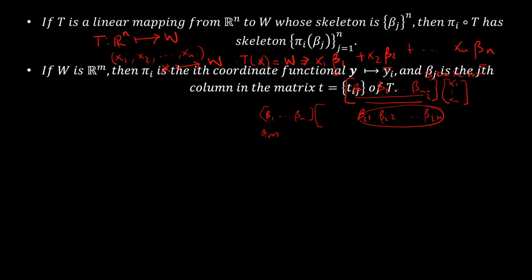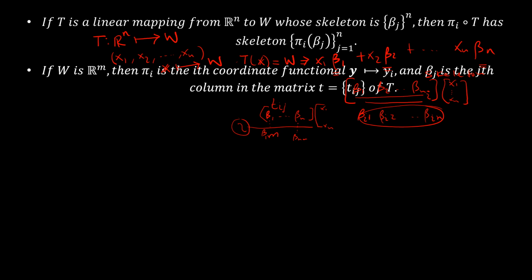Beta 1m all the way up to beta nm, and here we have x1 all the way to xn, right? And the term here will be, instead of beta whatever, we're using t i j. So we see that at the ith location, using the coordinate functional, we are extracting ti, and then the j term is the entire row.